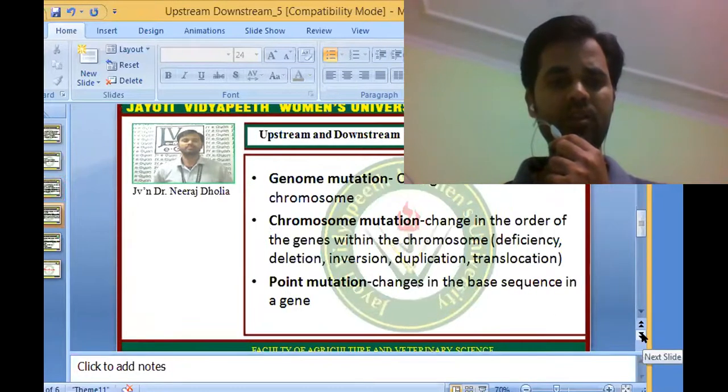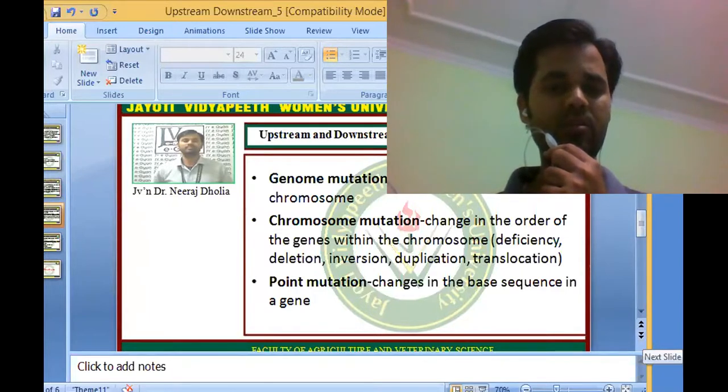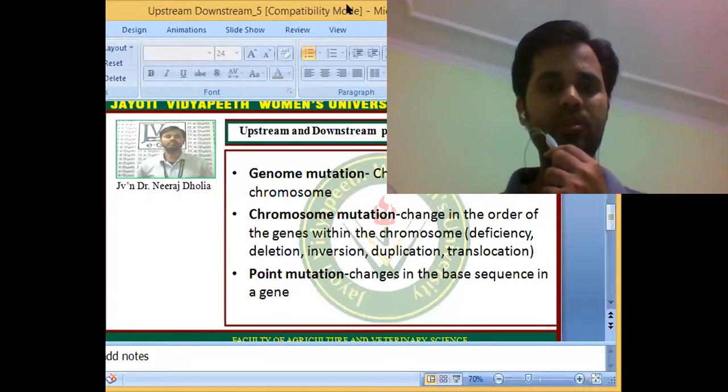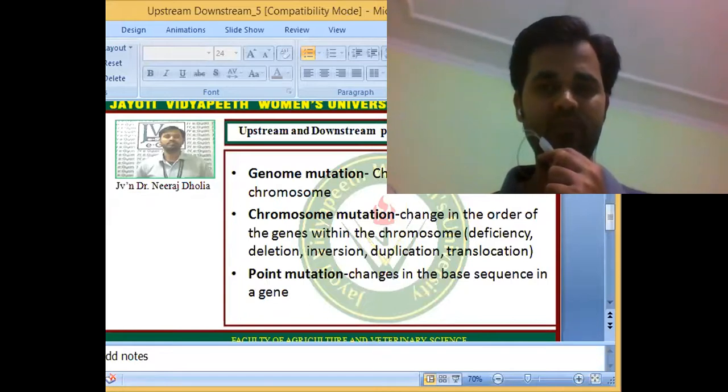So what genetic changes are possible? There are various types of mutations we can perform in the strains. First of all, we can do genome mutation.